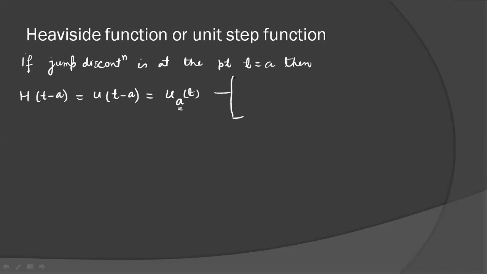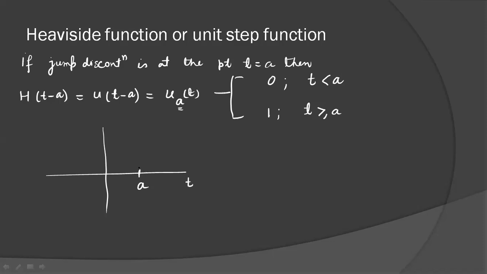Its definition is: it is 0 when t is less than a, and it is 1 when t is greater than or equal to a. So if we draw the graph, up to t equal to a the value of the function is 0, and from a onwards the value of the function is 1.